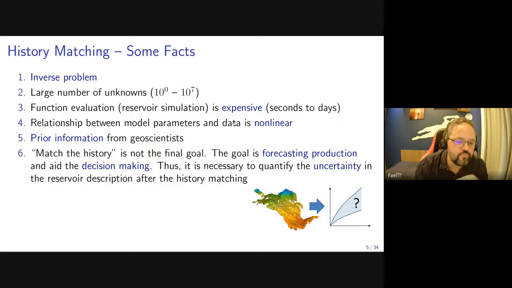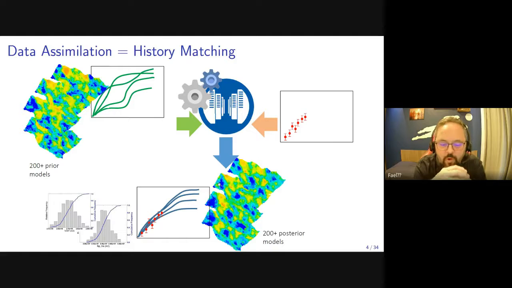There is prior information from geoscientists, which essentially means that my process is not only a process of matching observations. I have constraints in terms of the distribution of rock properties. I should generate models which are consistent with my observations, but still preserve what I can call geological plausibility or geological realism.